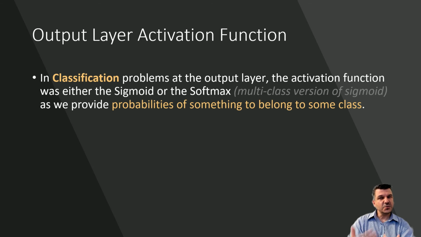Now, as we said, in regression things are not the same. We try to come up with values, so we don't look into how likely something is to be, but what the value of this something is. By putting a sigmoid or a softmax at the final layer, we get probabilities, we won't get actual values. The sigmoid turns scores into probabilities, but now we are interested in the scores themselves, not the probabilities.